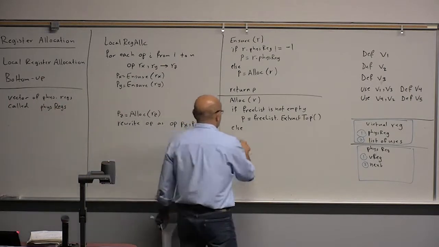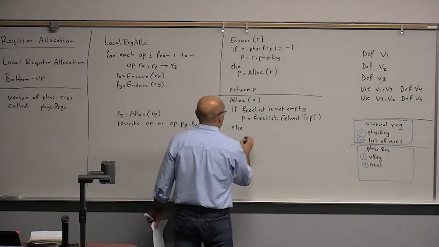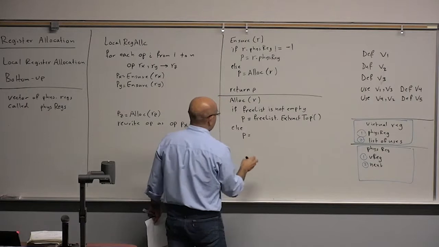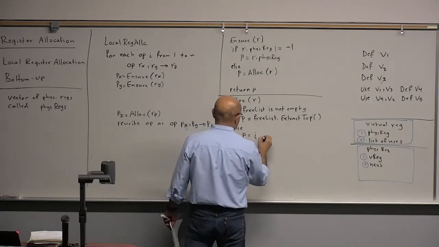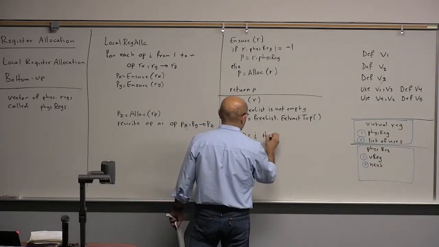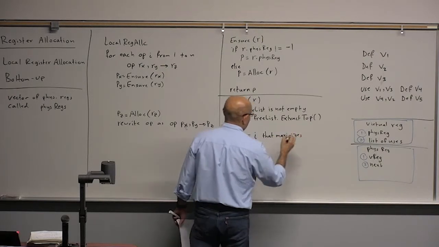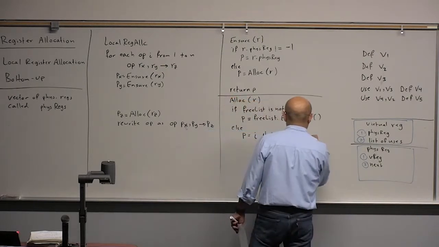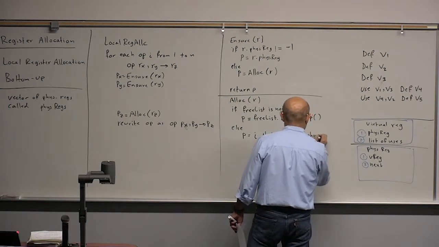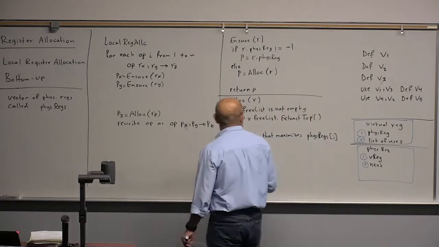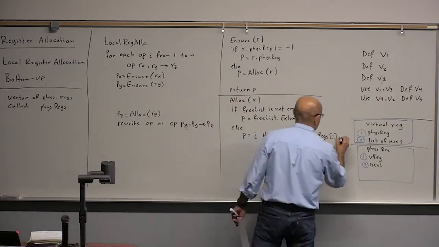So P equals the I that maximizes phys regs of I dot next.